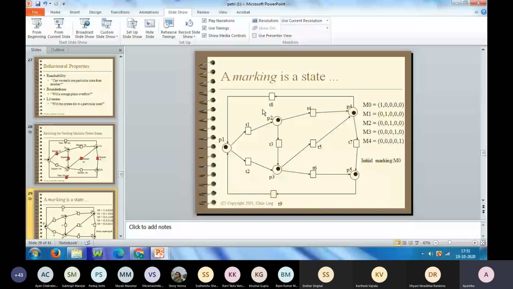This marking means a market we consider as a state. Now, when we are considering this matrix, it is called the reachability matrix.